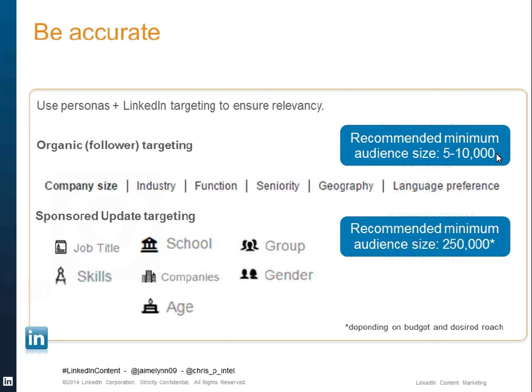So somebody had posted a comment about organic versus sponsored and making sure that there's clarity around that. When I say organic, I do simply mean putting out company updates to your existing follower base, kind of that owned presence. And even within your company page, there's targeting available. You can target by company size, industry function, seniority, geography, and language preference, which is incredibly important.